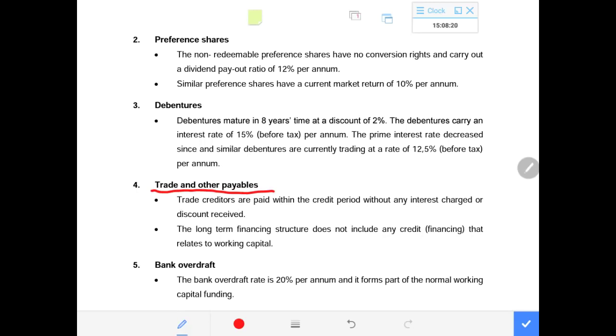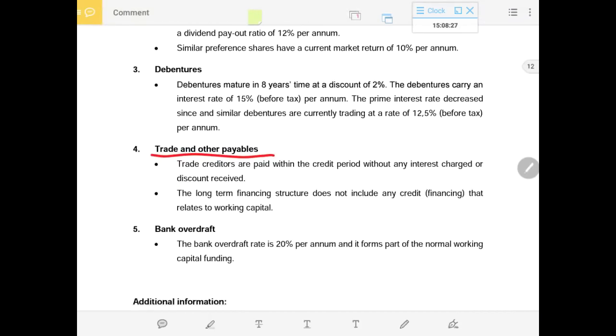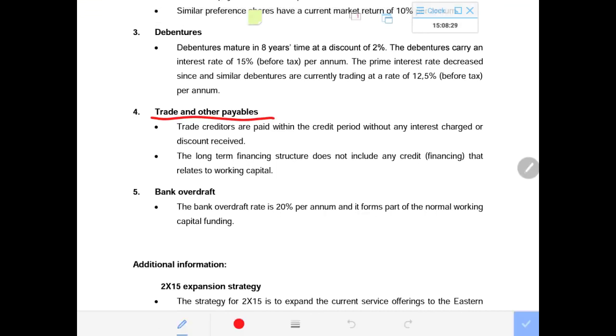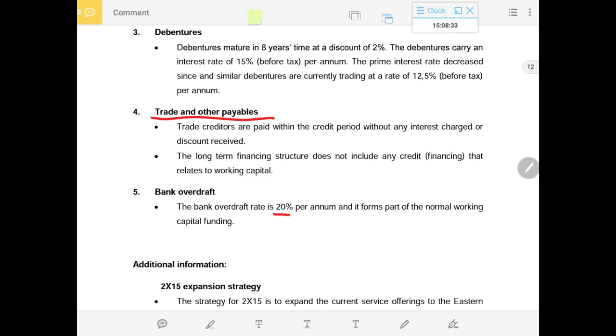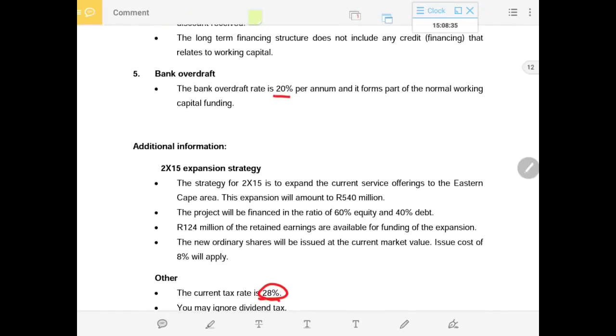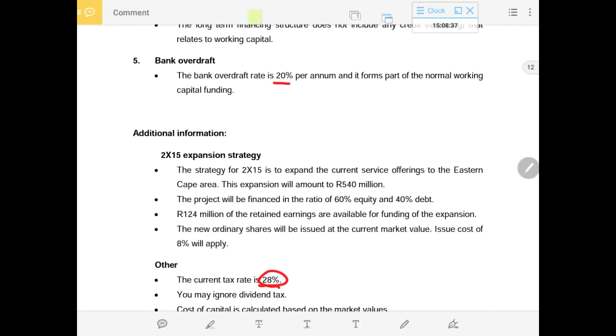The long-term financing structure does not include any credit or financing that relates to the working capital. And our bank overdraft rate is 20% per annum, and it forms part of the normal working capital funding. And under additional information, very crucial but doesn't affect my current calculations yet.